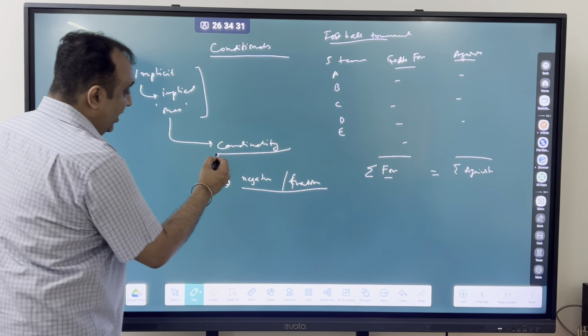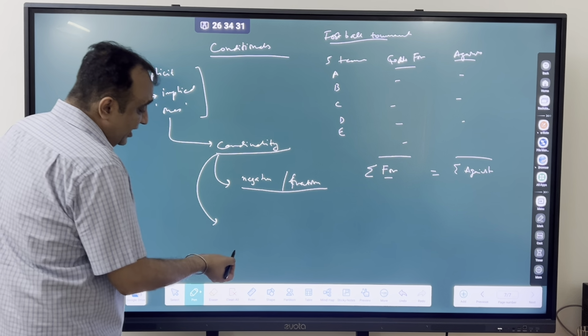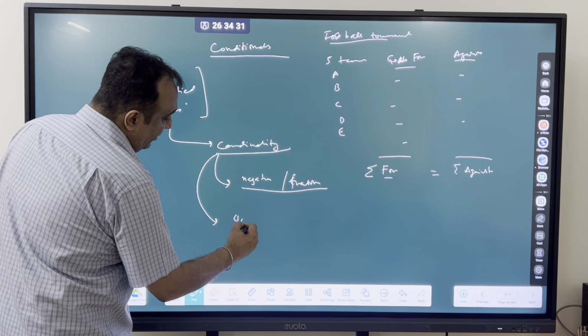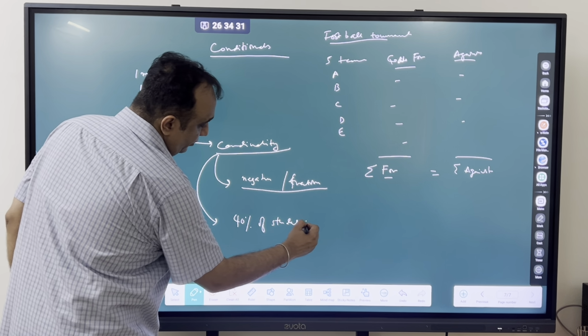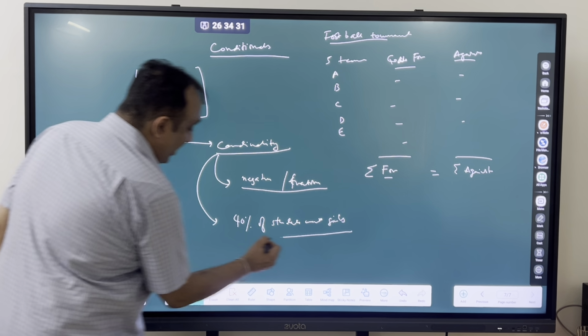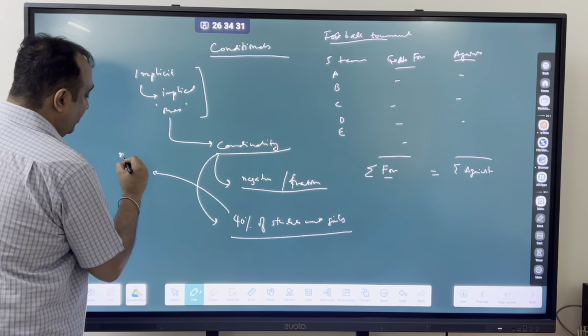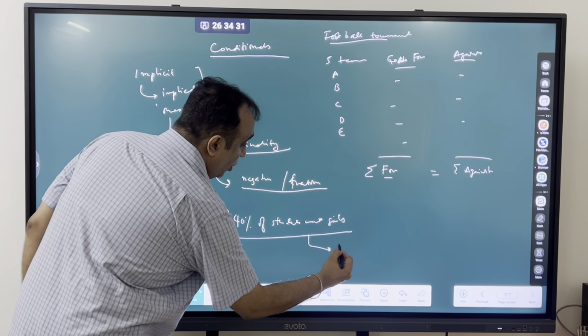So if you're given something like this, let's say in a school, 40% of students were girls. This tells us that the number of students in the school has to be a multiple of 5, because 40% is 2 out of 5.